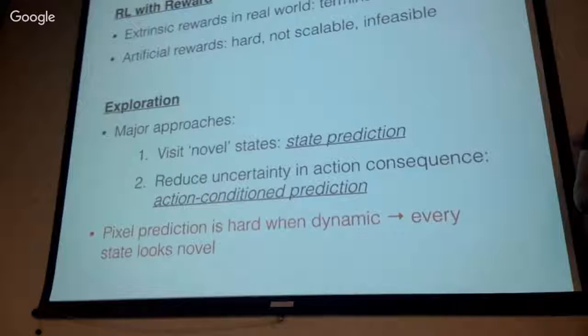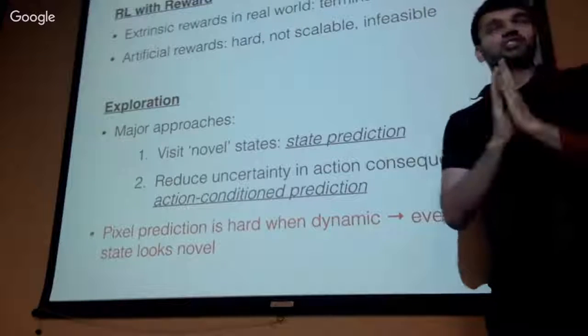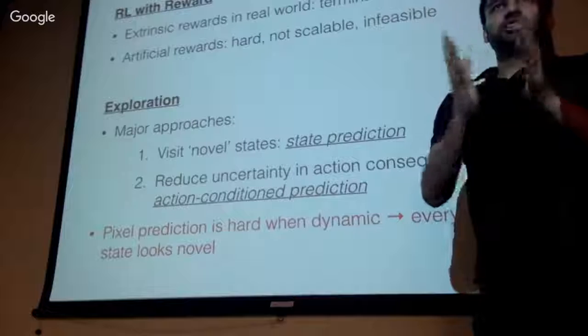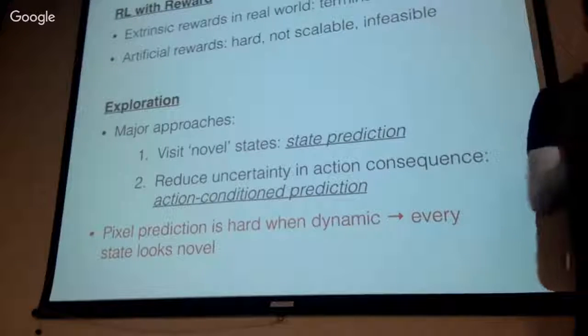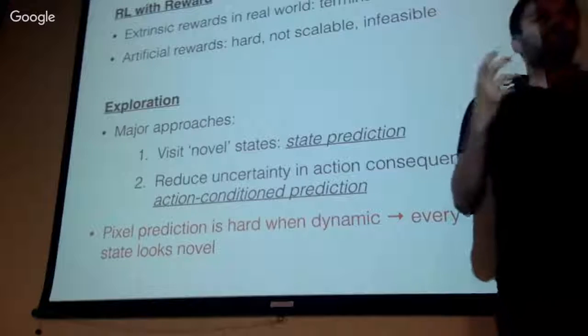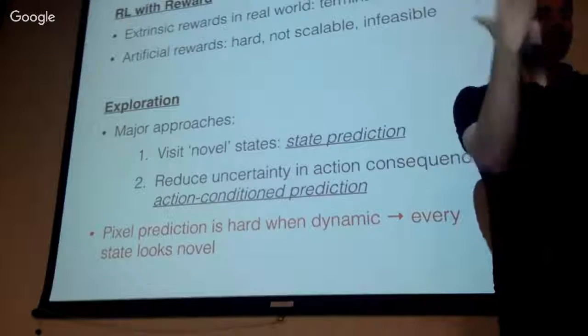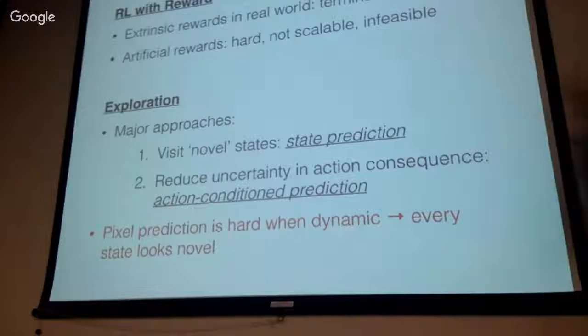The whole idea of our work is to make predictions in a feature space so that we only get curious about things which are relevant, and we don't get stuck on bottlenecks like objects which are moving around, which you cannot directly control.